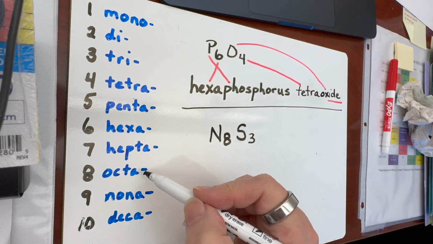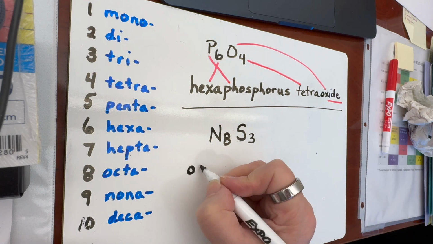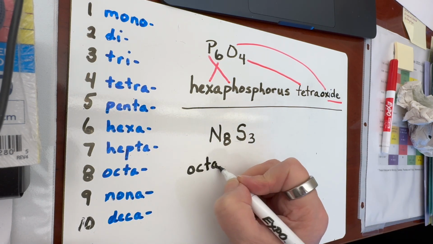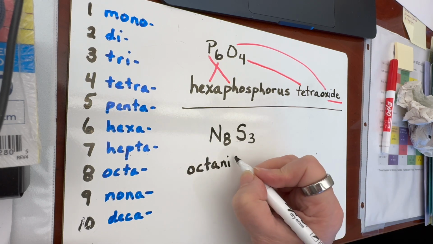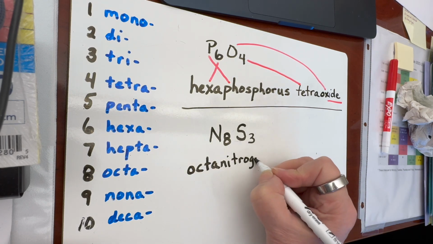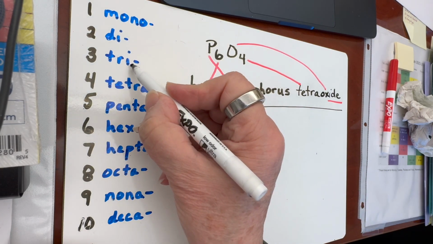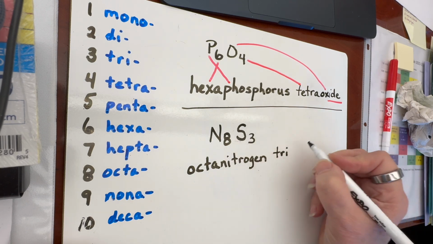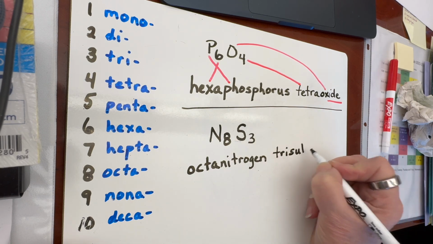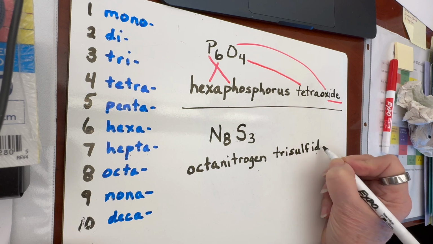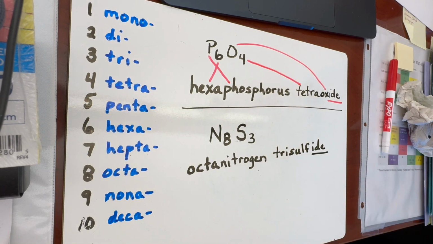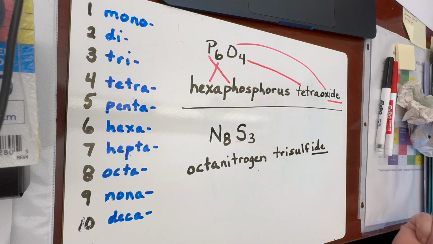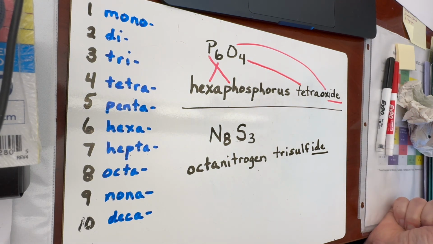So 8 is octa, N is nitrogen, 3 is tri, and then sulfur becomes sulfide. And that's how you write formulas and write names for binary, meaning 2 elements, compounds.